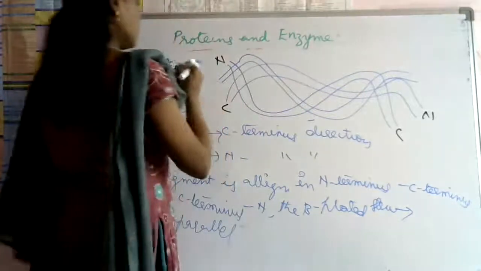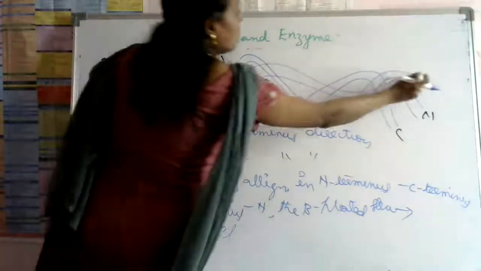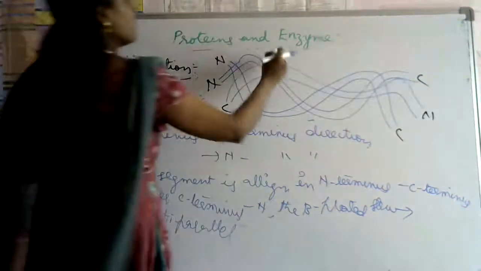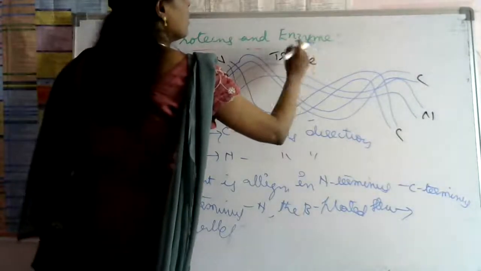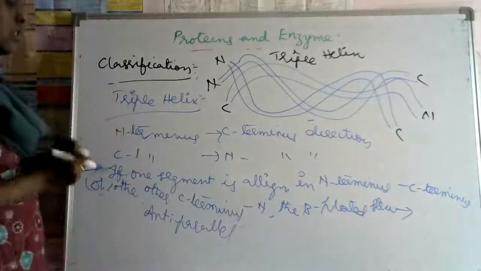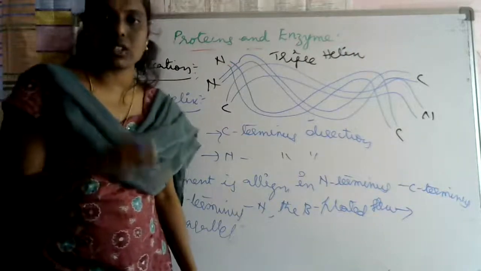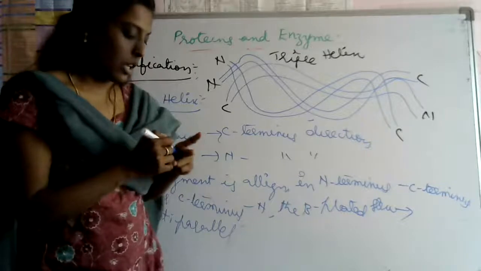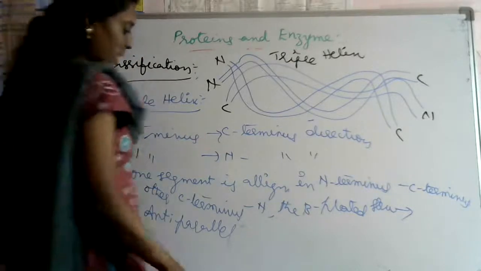Here also, this is N to C terminus. This is a triple helix. Alignment of chains, in which direction? Direction is important in this one. So this is about the triple helix.